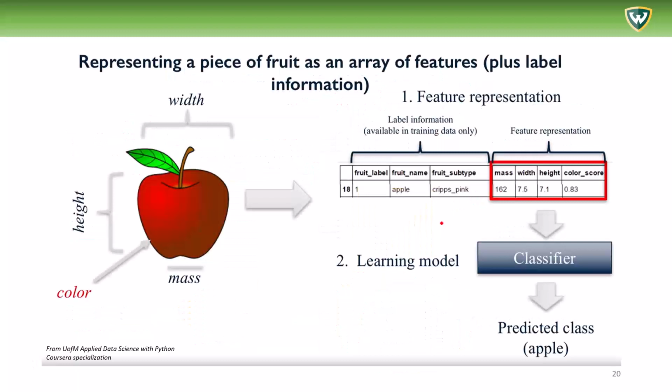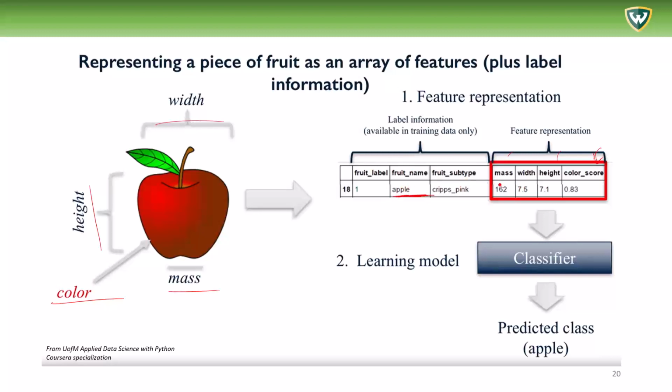So we're going to be working with this example of fruit and trying to predict what a fruit is based on particular characteristics of an object. As we can see here, we have the mass of a fruit, height, width, color, and we can represent all that into a list of features: mass, width, height, color, color score. We can create a number for different colors. And so that's the data that we have. Notice this one is labeled, so we also have the name of the fruit.